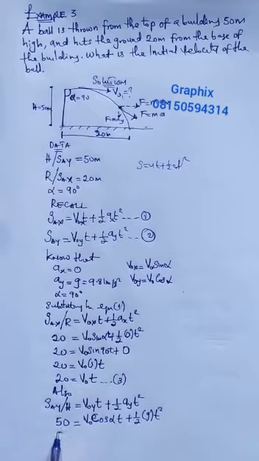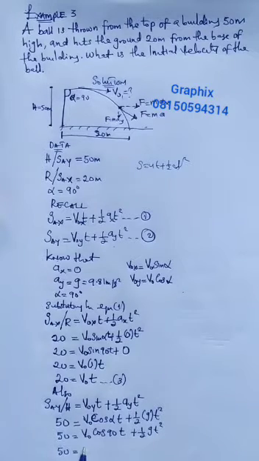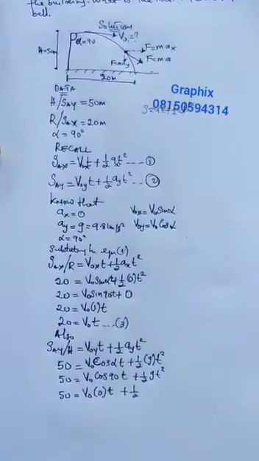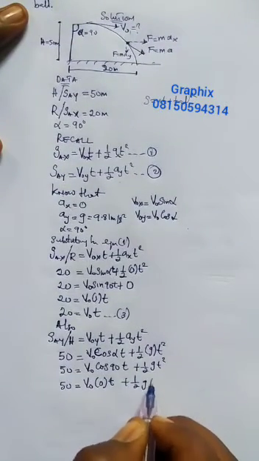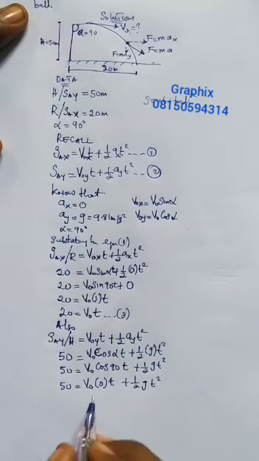So from here, my 50 will give me V naught cos alpha, where alpha is 90, then T, plus 1 over 2 GT squared. So 50 equals V naught cos 90, which is 0, times T, plus 1 over 2 GT squared. Are we good? So everything here becomes 0.